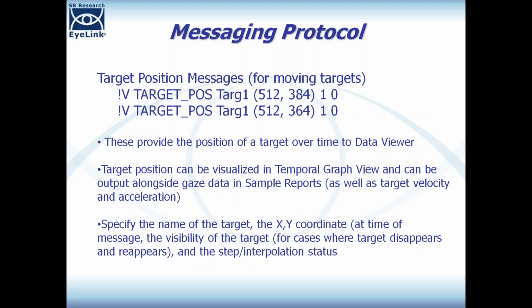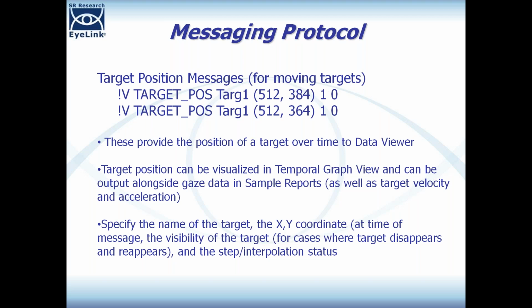Another really useful but specific to a certain type of experiment is a target position message. A target position message is usually used in a smooth pursuit study where you have some kind of moving target going around on the screen, and the participant's task is just to look at that moving target. And usually they're engaging in what's called smooth pursuit eye movements during this task.